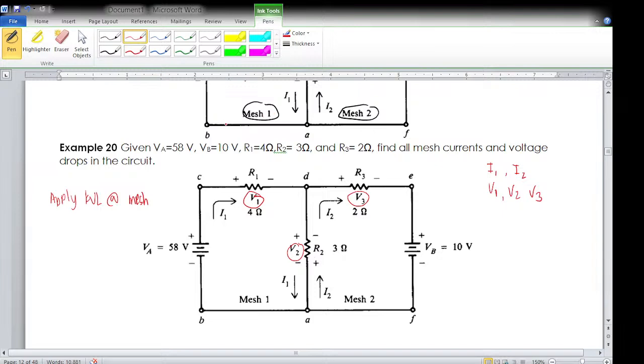Let's do mesh 1 first. For mesh 1, we follow the direction of the current, as you can see here. So let us start with V sub A. Or what would you prefer: the sum of EMFs equals the sum of IRs, or following the direction and polarity?